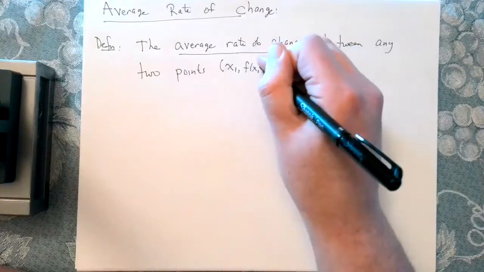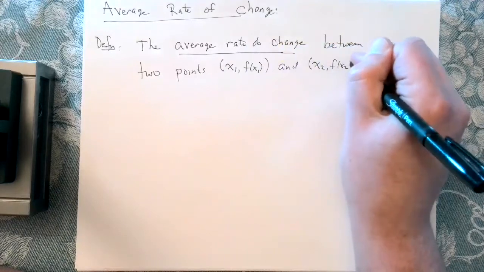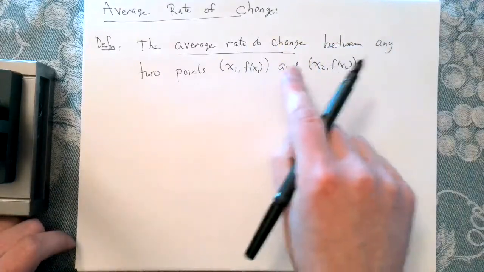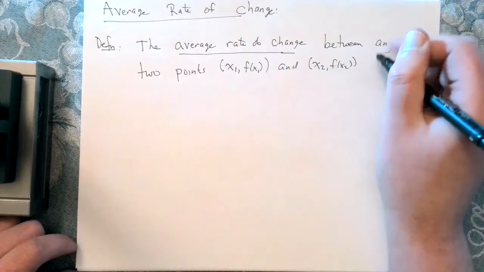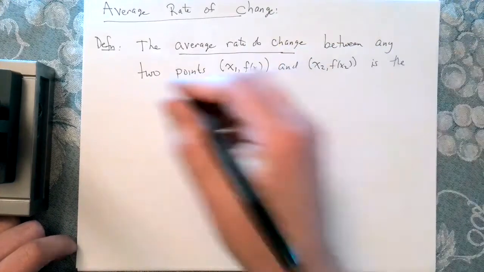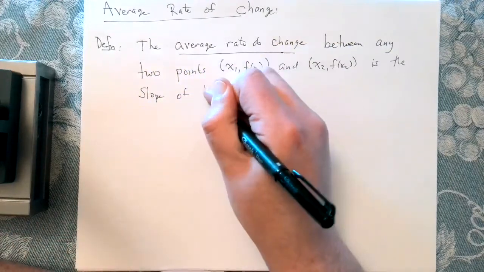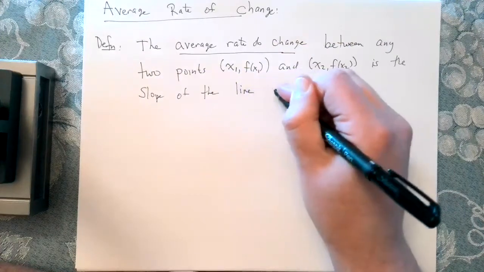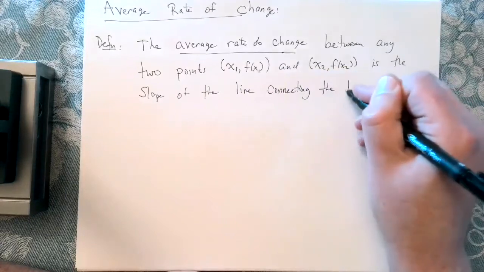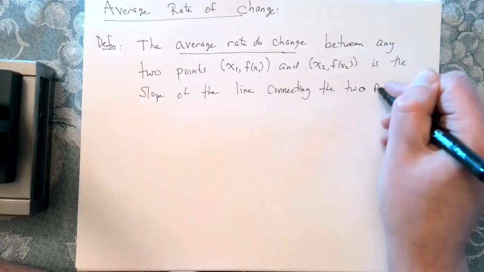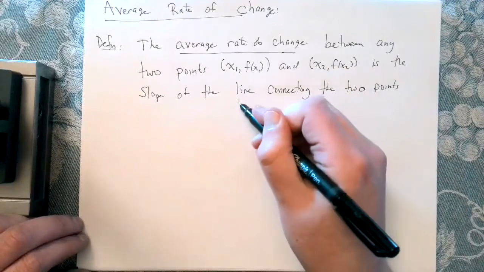The x value and the corresponding y value. And let's call the other point x2 comma f of x2. So the average rate of change between any 2 points x1 comma f of x1 and x2 comma f of x2 is the slope of the line connecting the 2 points. And the line connecting these 2 points, that's called the secant line.